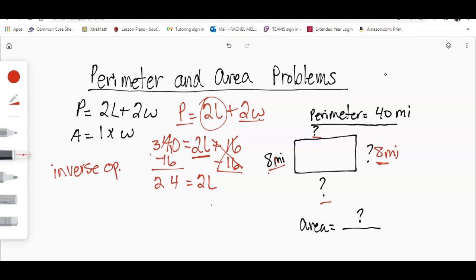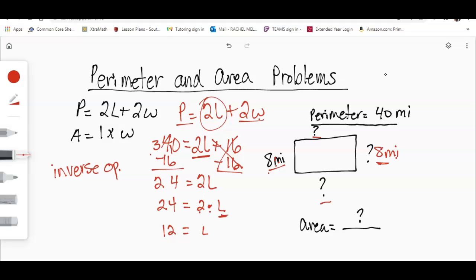Okay, well, so remember, a number next to a variable means multiply. Okay, so what number times 2 gets me 24? That would be 12, right? Okay, so is 2 times 12 24? Absolutely. So I'm saying that the length is 12.